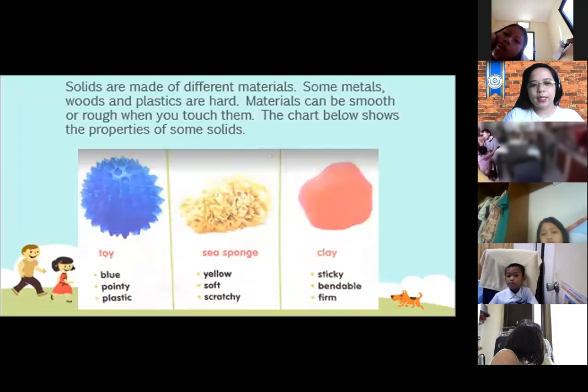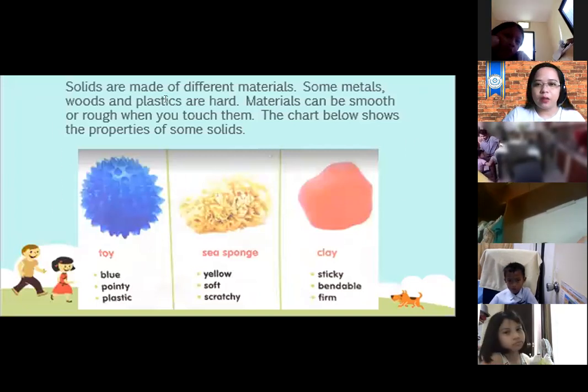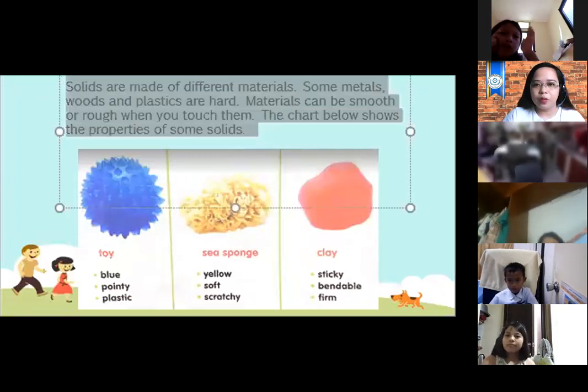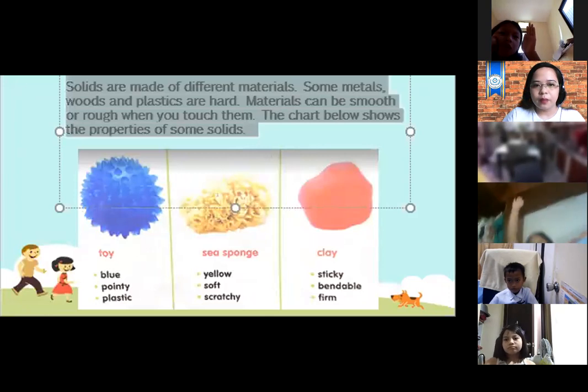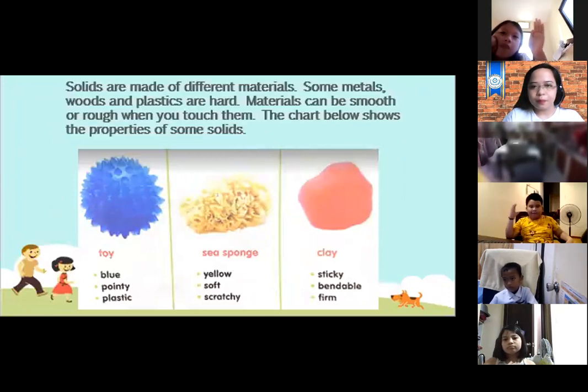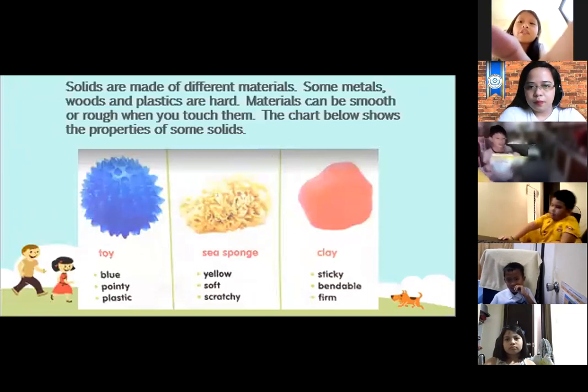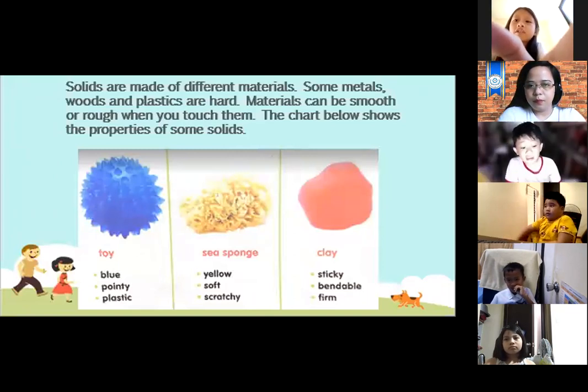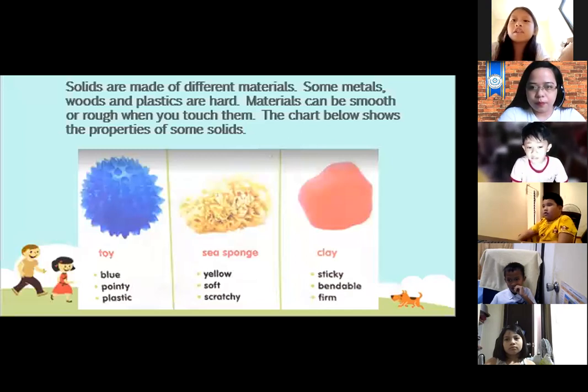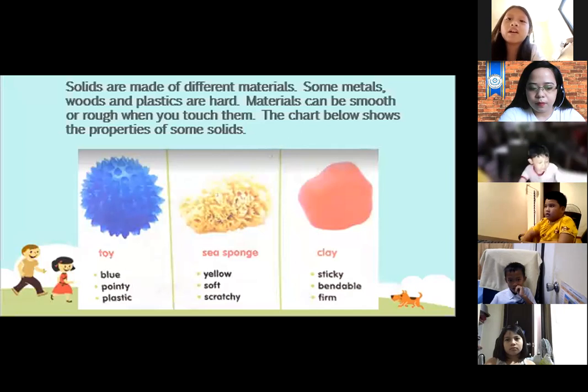So next, can you please read this one right here on top? Who wants to read this one? Okay, Natalia. Solids are made of different materials. Some materials, like wood and plastic, are hard.